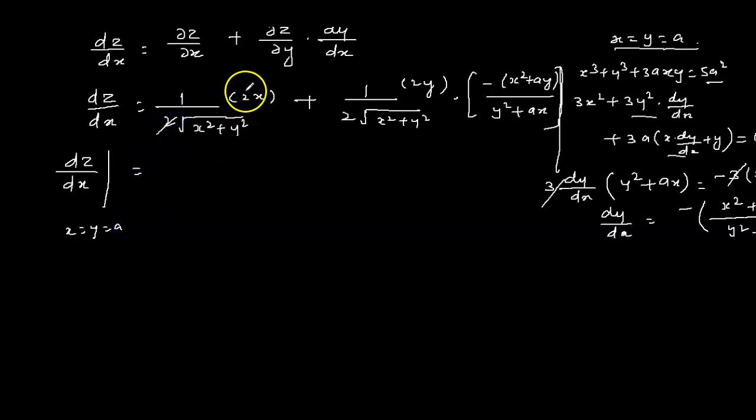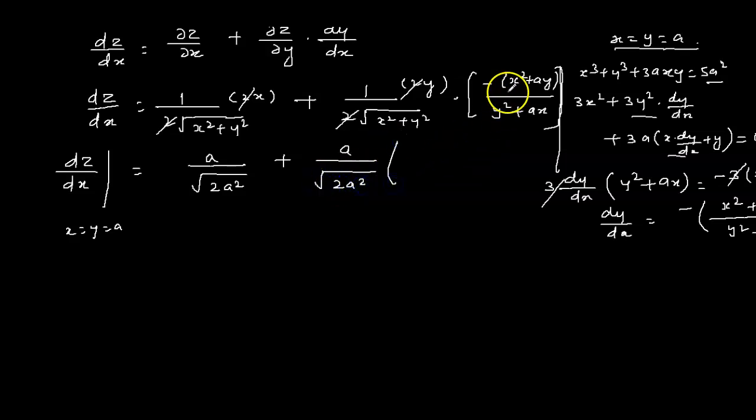These 2 are cancelled here. So here we will be left with a divided by a square plus a square, so it becomes 2a square, plus this a by this 2a square times this one. This is a square and here also a, so a square, 2a square divided by a square, a square, 2a square.